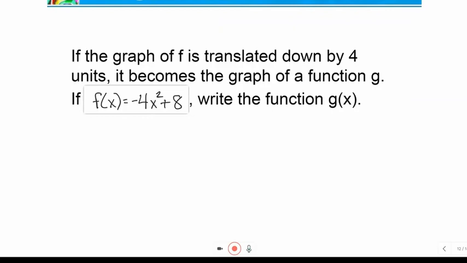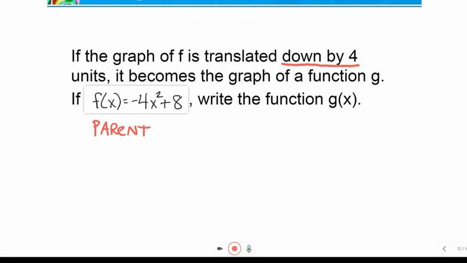So the directions say the graph of f is translated down by 4 units. It becomes the graph of g. F of x, that's the one that's being moved. So this is our parent function. F of x is negative 4x squared plus 8. What is g of x?